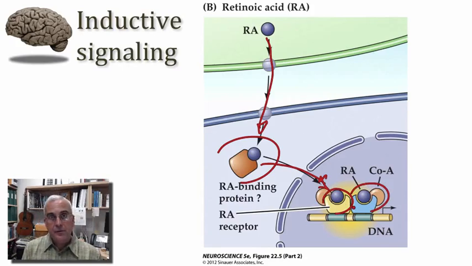Now, retinoic acid provides one of those examples where life experience can have an impact on the developing brain. Insufficient vitamin A in the diet of the mother can have an impact on the capacity to produce this important inductive signal, and there can be deleterious consequences for the formation of the early nervous system.